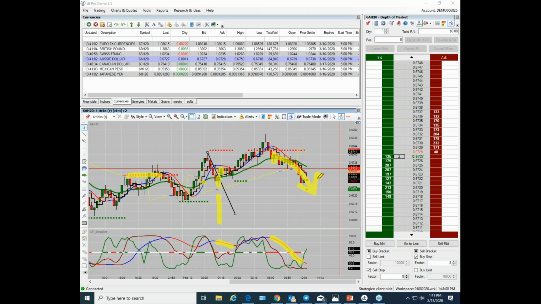Three, we better have a close above the trend line before we can take the next step. And four, which is the most important part, is if it's the wrong color and going against us at a 45-degree angle, no trade.